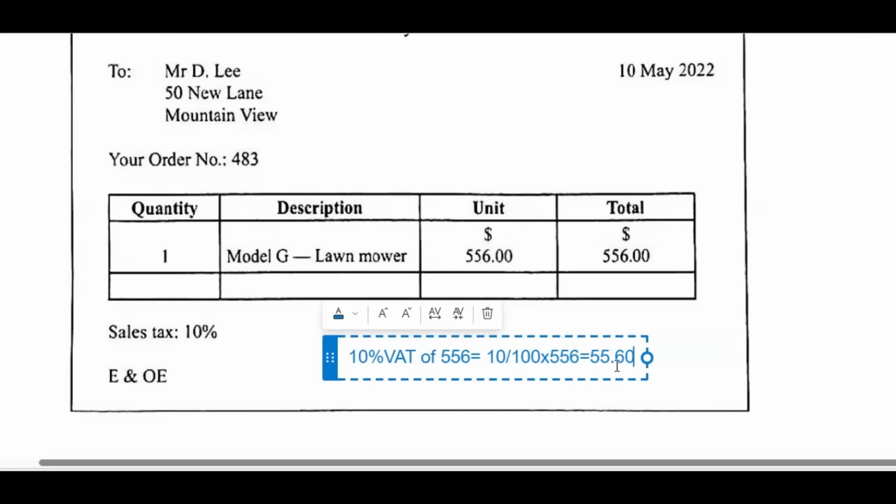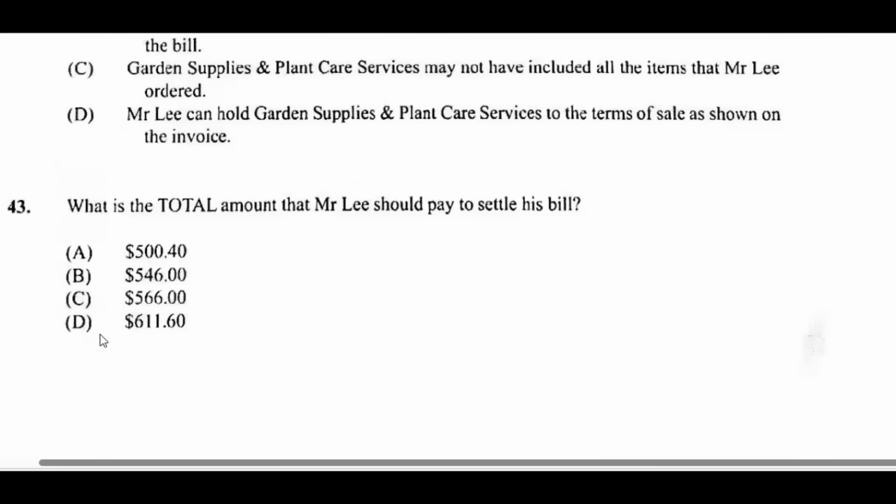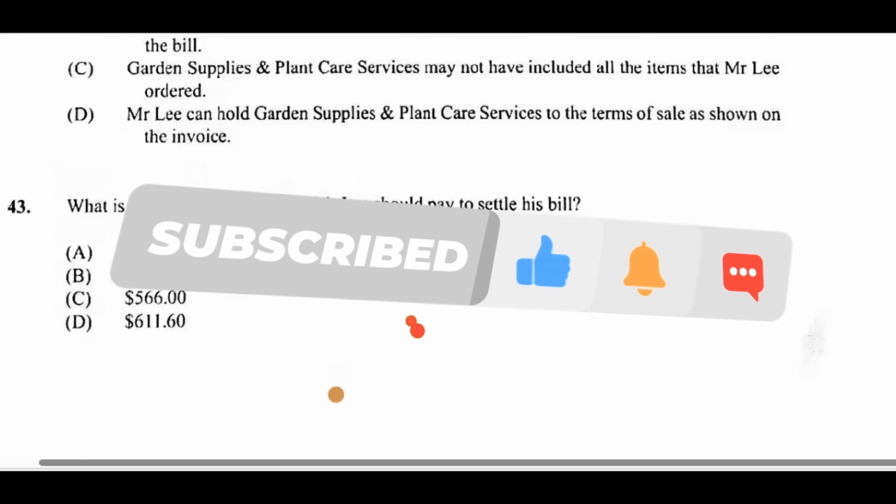So we have to add this onto that. So 556 plus $55.60, we would get $611.60. So let's see if that is an answer. All right, look at right here.